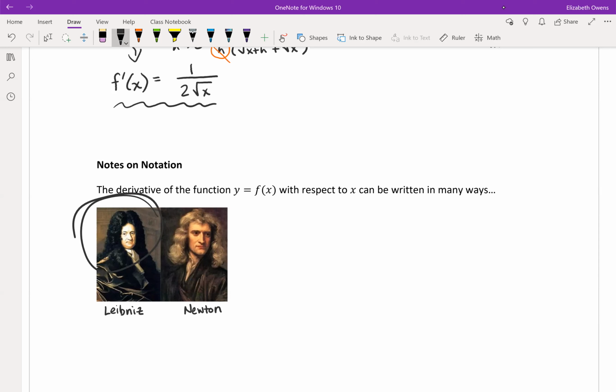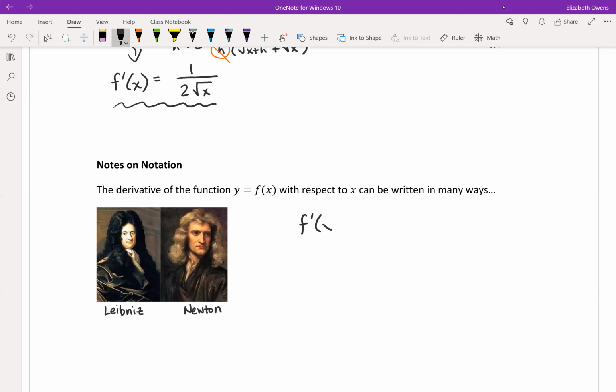So they warred over this for quite some time as to who was the real inventor. And honestly, at this point in history, we give them both a lot of credit, and we end up using both of their notations. So in the end, things kind of mellowed out, and we acknowledge them both for their contributions.